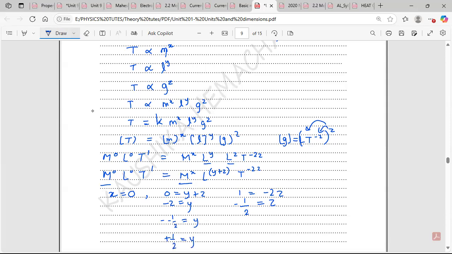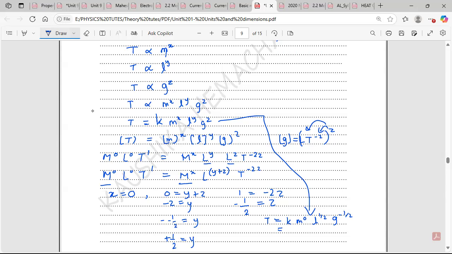Then you can rewrite this equation. T is equal to k to the power, now m to the power 0, L to the power half, and g to the power z, which is minus half. So minus half, when you get it down, it's plus half.